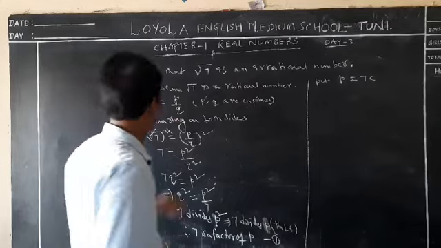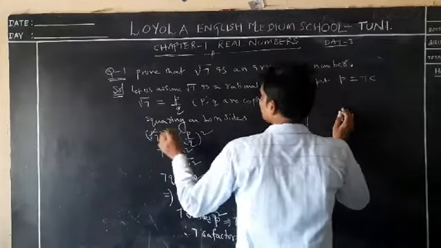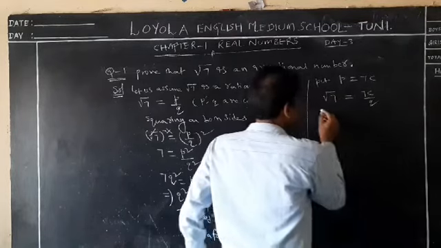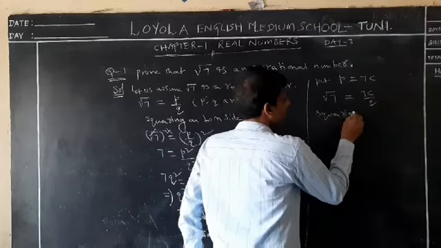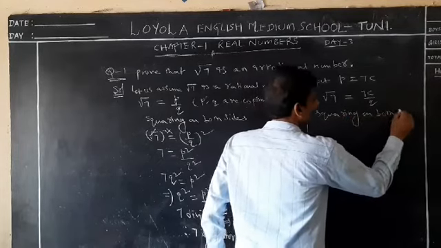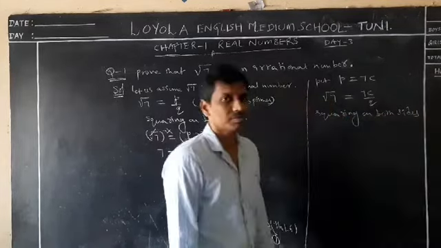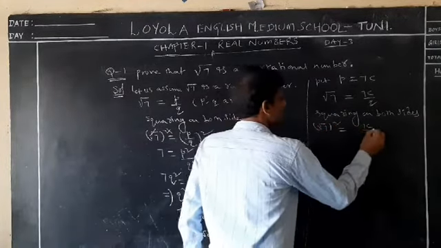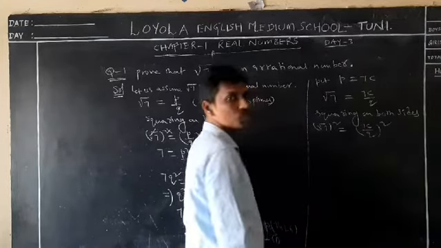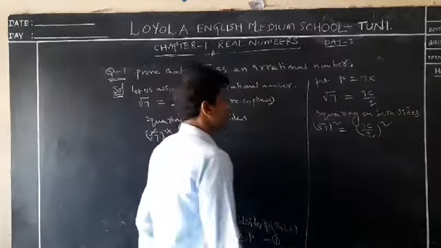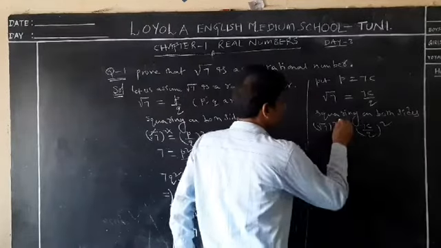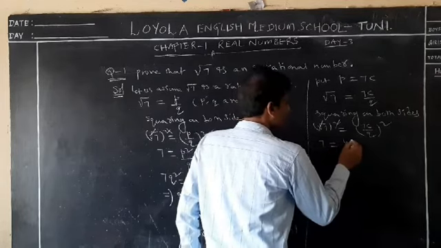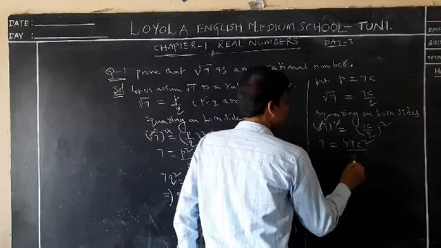And what will happen, you see here. Root 7 is equal to 7c by q. Again, what I am doing here is squaring on both sides. So root 7 whole square is equal to 7c by q whole square. See this, what will happen? Square root will be cancelled. 7 is equal to 49 c square by q square.